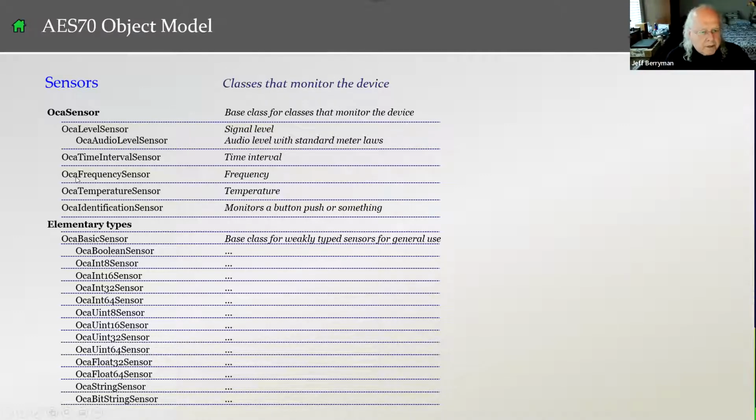Time interval sensor, frequency sensor, temperature sensor, and identification sensor, which is what you use if you have a button on your device that you're supposed to push to tell the controller, here I am. You push it. The controller can watch the sensor to figure out which device got its button pushed. And then there's the counterpart, these elementary types of sensors.